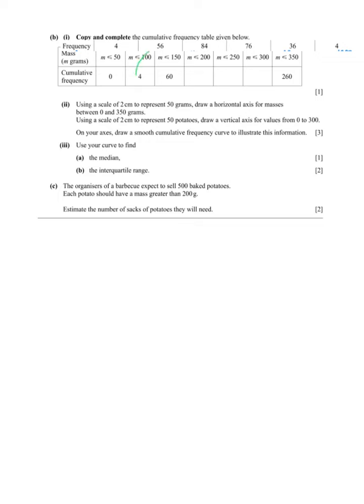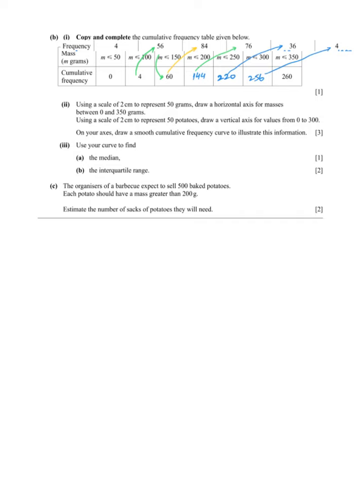4 plus 56, you get 60. 60 plus 84, you will get 144. 144 plus 76, you will get 220. 220 plus 36, you will get 256. 256 plus 4, you will get 260.